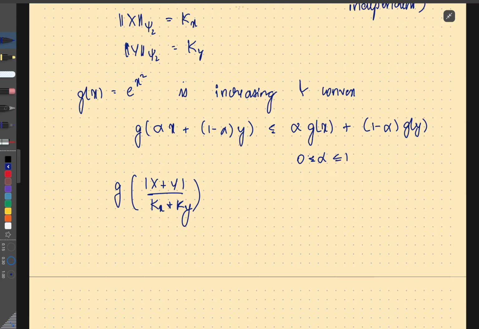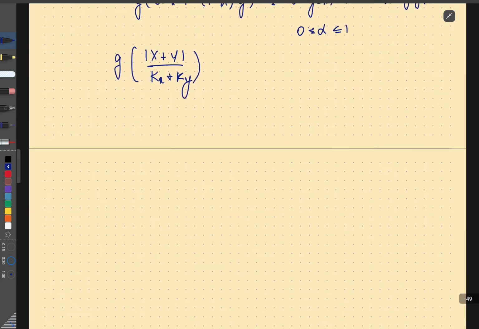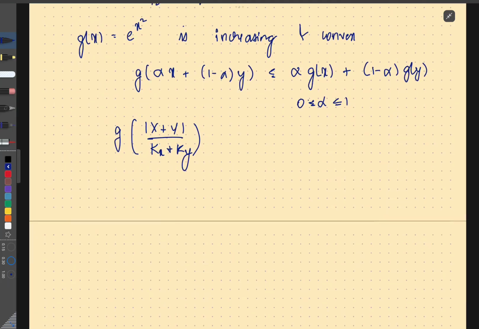Let's not worry about how I'm going to simplify this, but what do I want to show ultimately? This is e to the power of x plus y the whole square divided by kx plus ky the whole square.